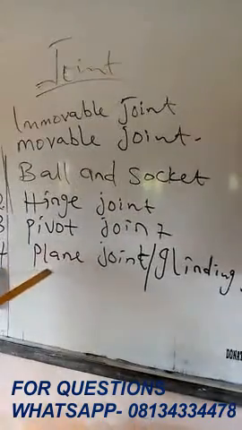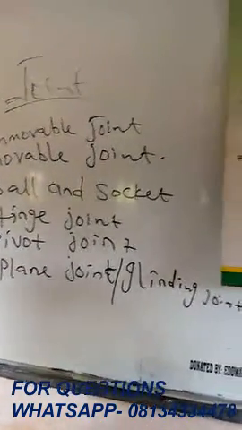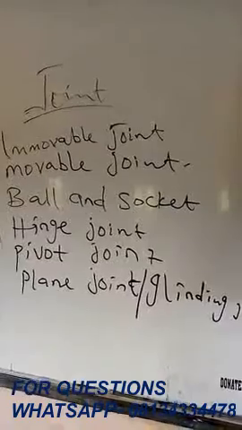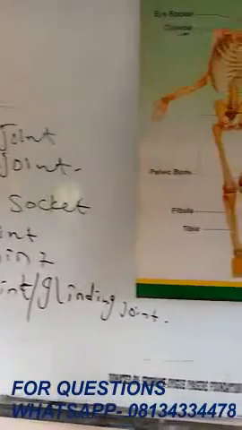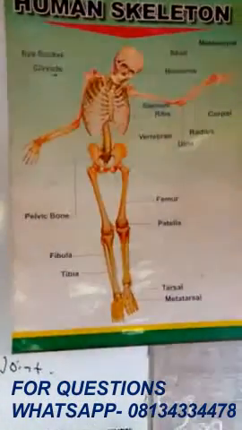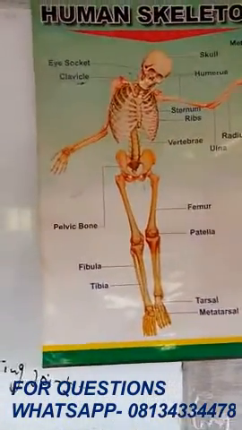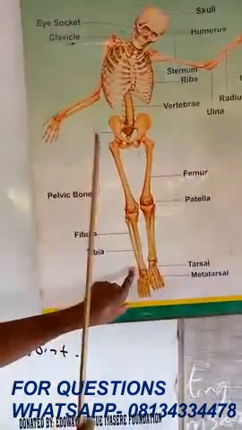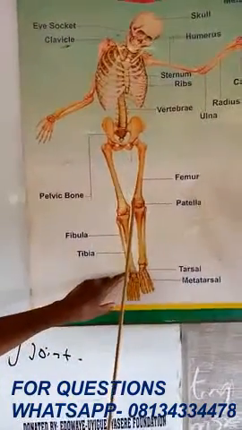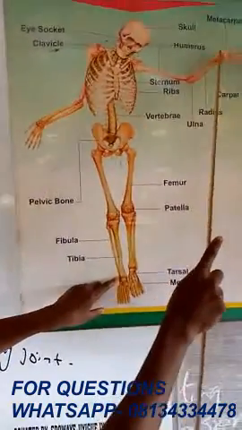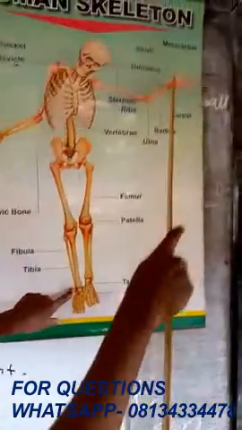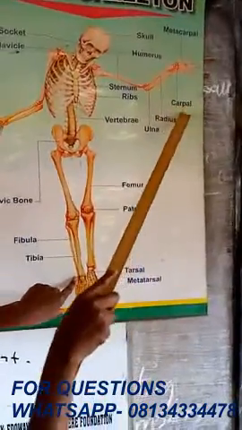The last one, which is the plane joint, is the joint found at the wrist. This is found around the wrist and the ankle. The plane or gliding joint is the joint found around the wrist. You can look at it here. The bony structure here is called the carpals.